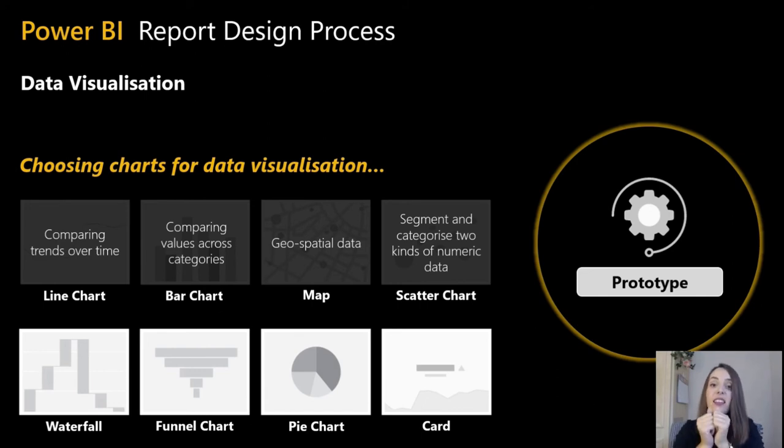After analyzing this, you need to choose a visualization that will effectively answer those questions. You have line charts that are perfect for comparing trends over time. If you have geospatial data, you can use maps. They are very good at that.